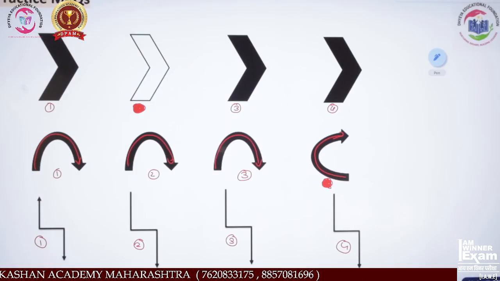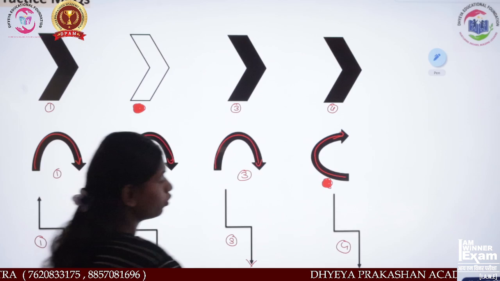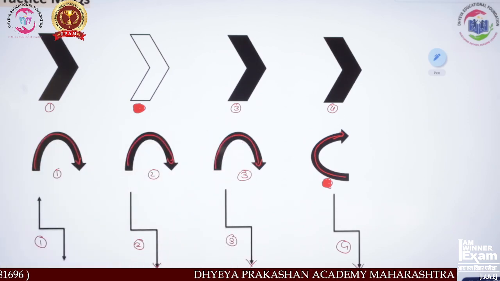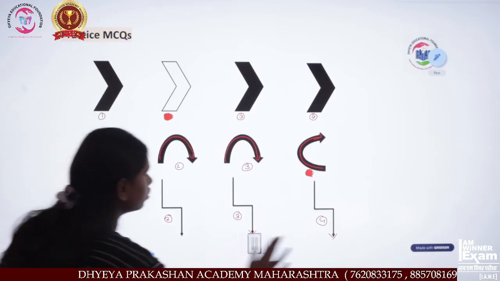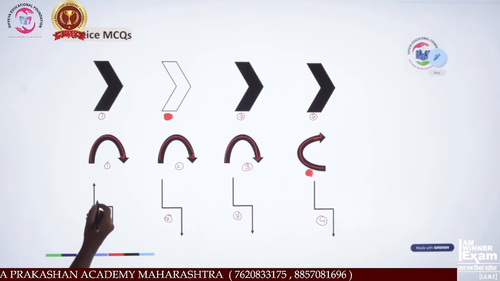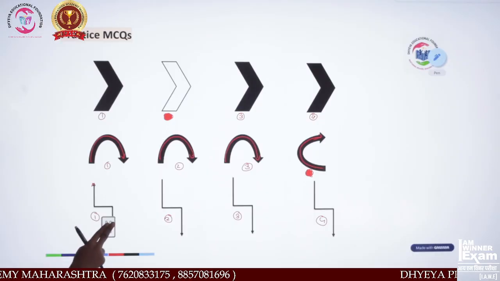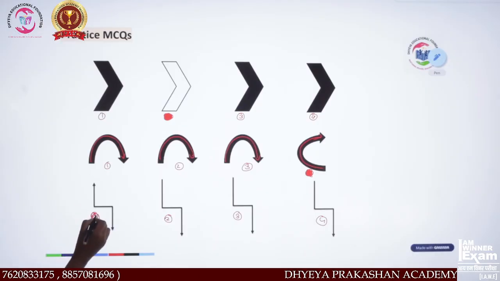If you observe, all the figures have only one arrow, which is downwards. But the first figure has an arrow upward and also downward. So the first one is the different figure, so you have to color the first circle.